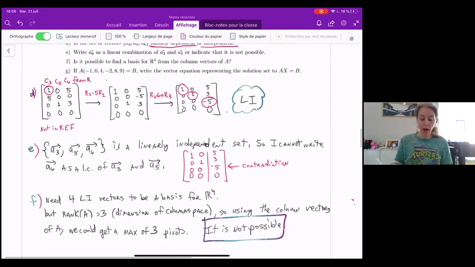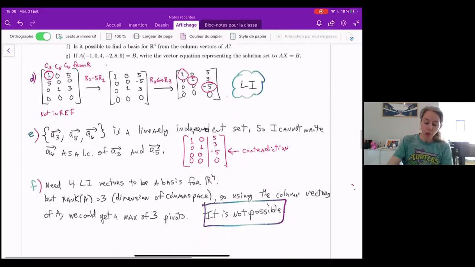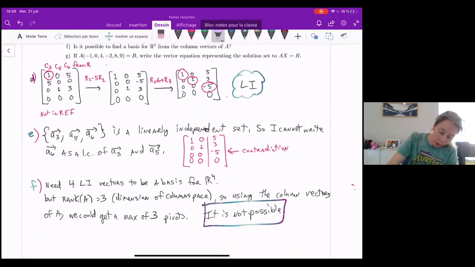All right, so G. Now G is using that last theorem we said that told us that the null space and the solution to AX equals B just differ by a point.